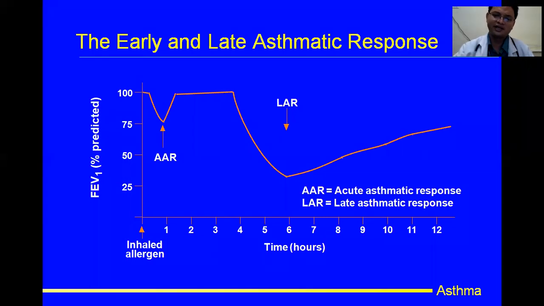In the late asthmatic response, this starts around 6 to 8 hours from the initial exposure to the allergen. At the maximum, the FEV1 will be very low. Then the patient slowly improves. It will take a few hours.